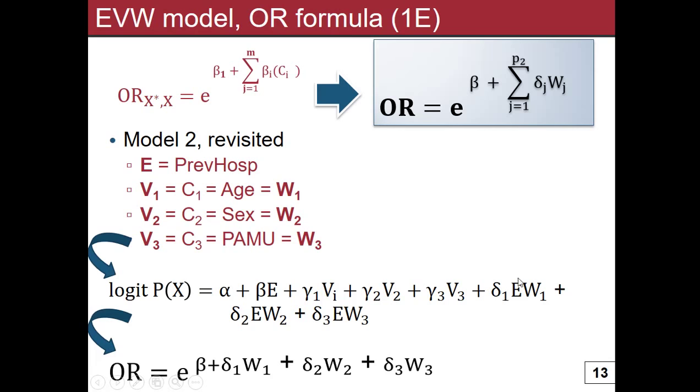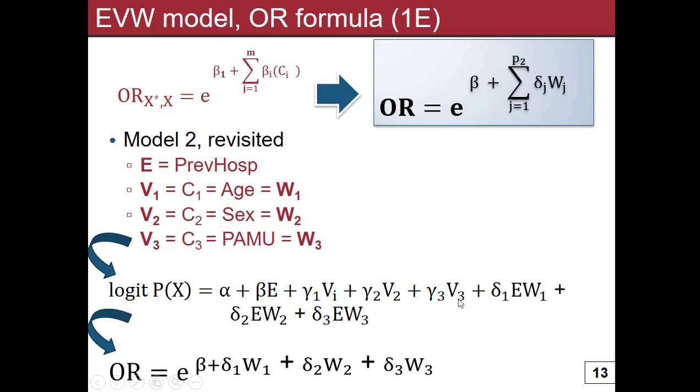So this EW1 term means the effect modification term for age and exposure. This would represent the exposure changing across levels of age, across sex, and across PAMU. So this was one model that we considered before. The expression to get the odds ratio is essentially this: e to the beta plus delta 1 times W1, delta 2 times W2, and delta 3 times W3.